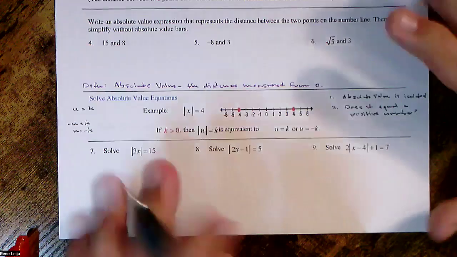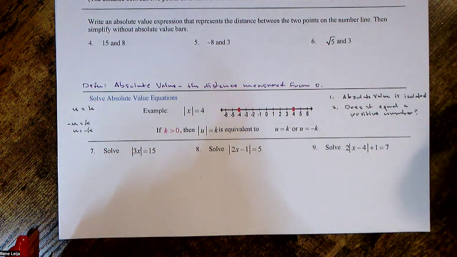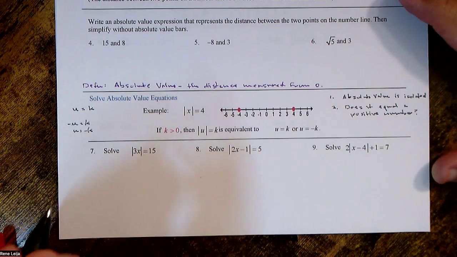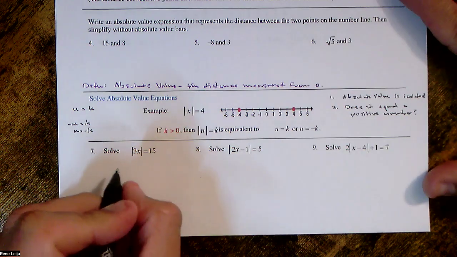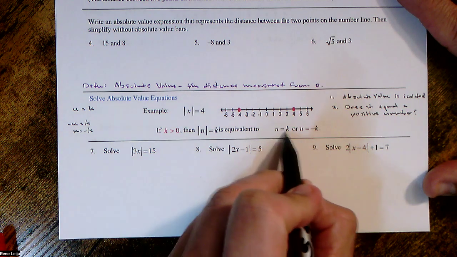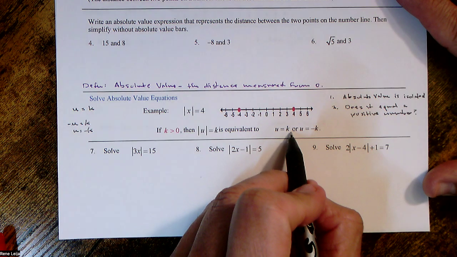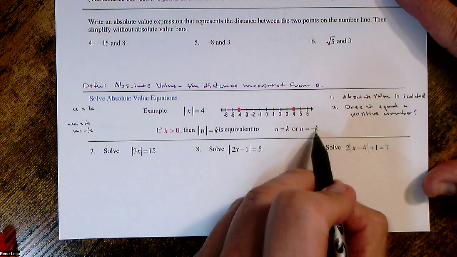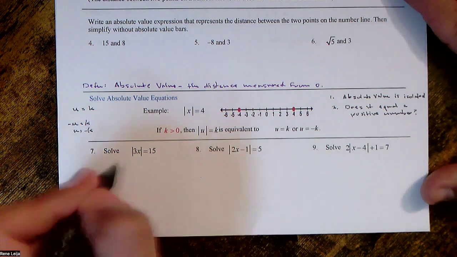Okay, so those are the two things that we want to look at. All right, so here's how we solve this absolute value. So number 7, my absolute value is by itself. So I'm going to have two equations. Now remember, we're going to have u equals k, so whatever's inside the absolute value equals that number, and then the negative number.